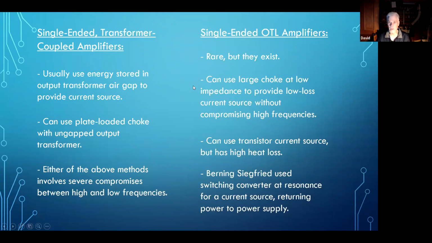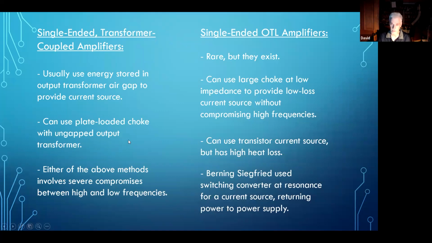They can use a large choke at low impedance, that is, at the speaker impedance, to provide a low-loss current source without compromising the high frequencies. In the case where you're loading a tube at high impedance, the parasitics in either the choke or the output transformer affect the high-frequency performance of the amplifier in a negative way.